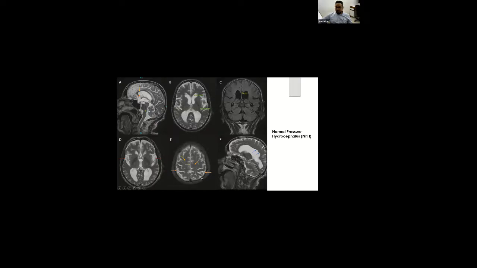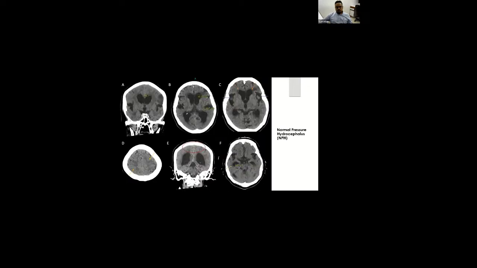And then in figure E, you can see the enlarged subarachnoid spaces. These are the enlarged subarachnoid spaces. And then tight interhemispheric fissure. And in figure F, you can see that there is focal bulging of the roof of the lateral ventricles. So these are the characteristic imaging findings that you would see in a patient of normal pressure hydrocephalus.